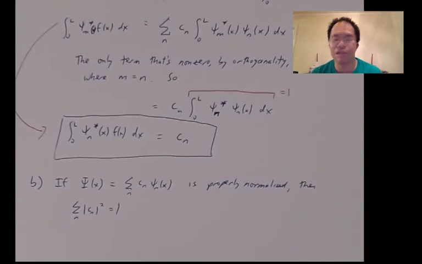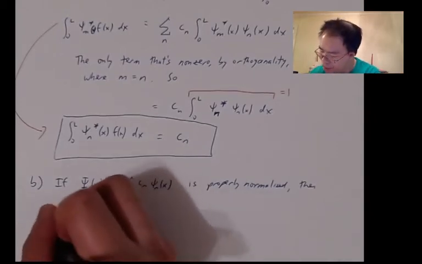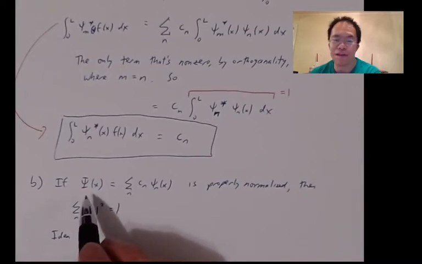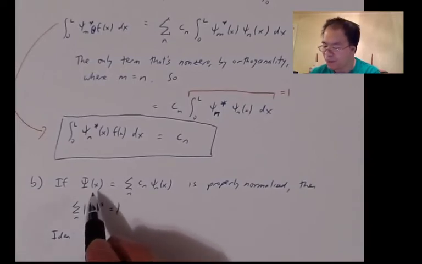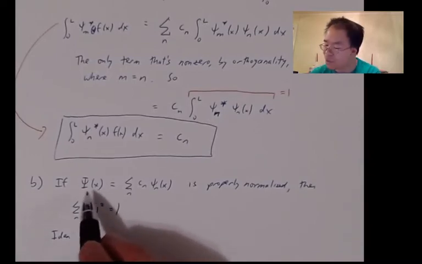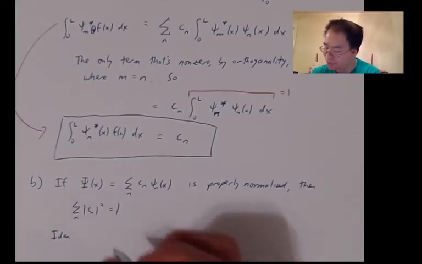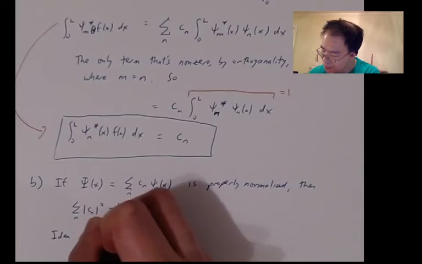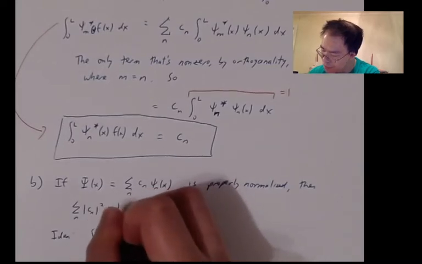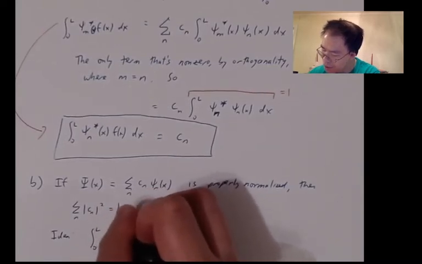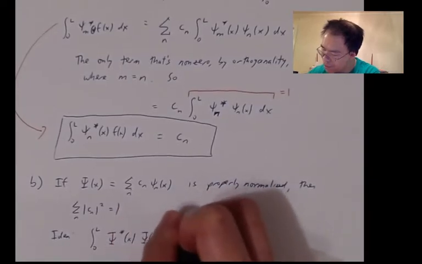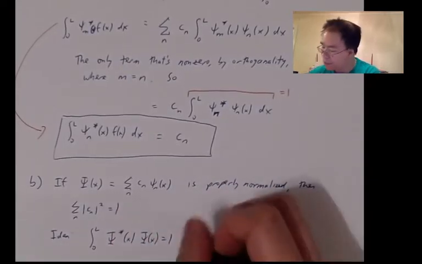So why is this the case? The idea is to do the normalization integral to both sides of this. So we know that the integral from 0 to L of psi of x star psi of x equals 1 by normalization.